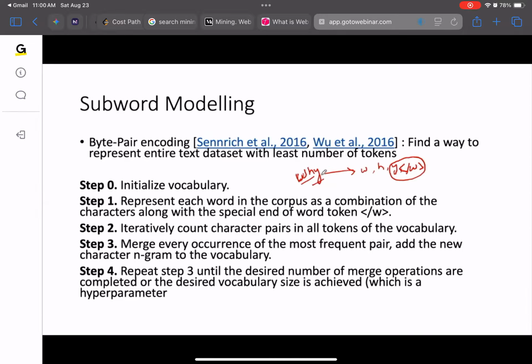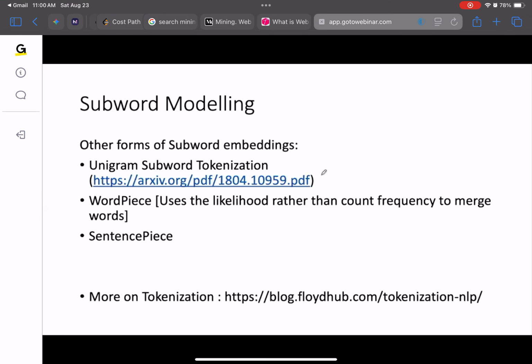We count all such two-character pairs, and once we count them, we find the most frequent pair and add that pair as part of the vocabulary. Then we repeat this process, finding the most frequent pair in each iteration and adding that back to the vocabulary. That's the overall idea of byte pair encoding.